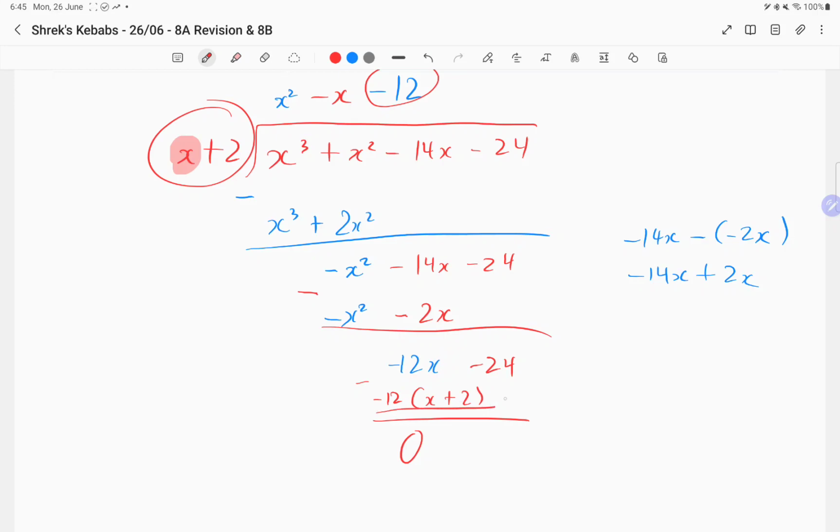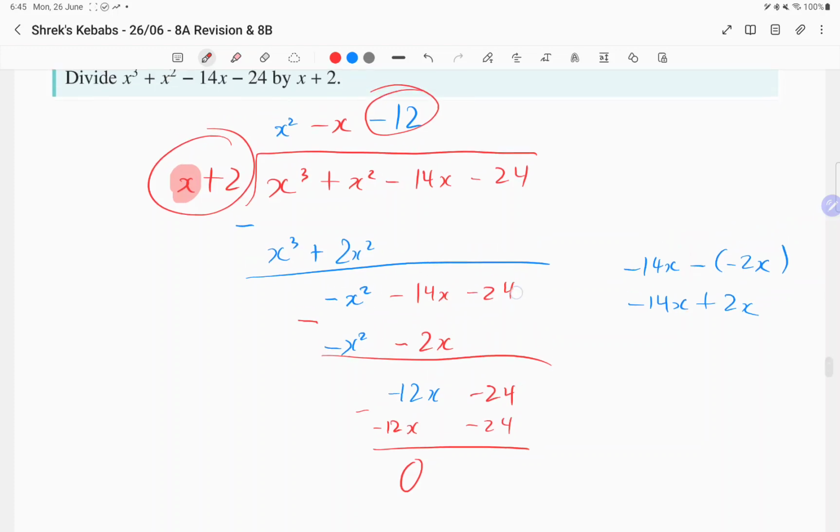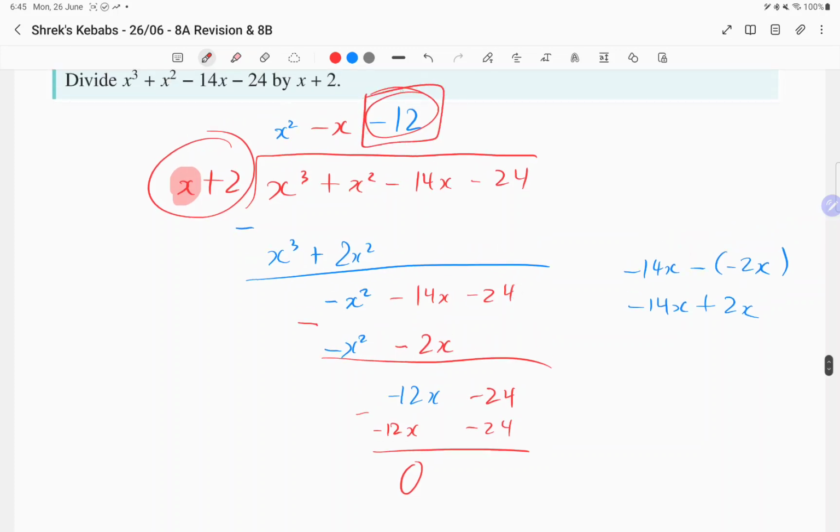So when you expand this expression, it will be negative 12x and then minus 24. Each of the terms here needs to multiply by the entire x plus 2. It's like how negative x times x plus 2, when you expand that, will be negative x squared minus 2x, which is what goes in here. Right?